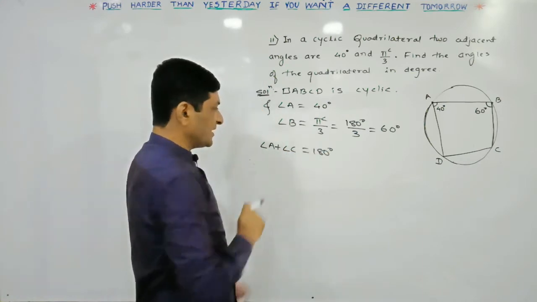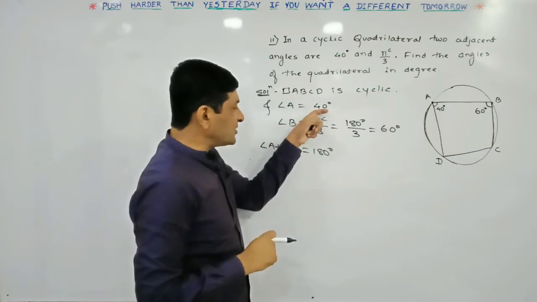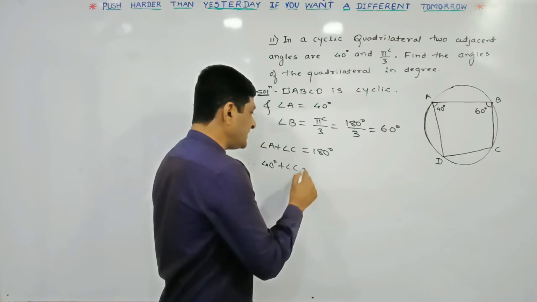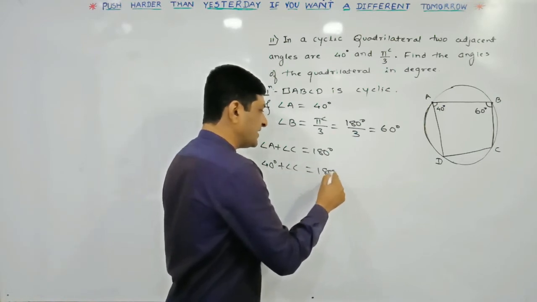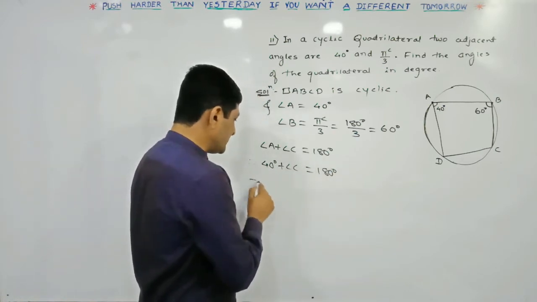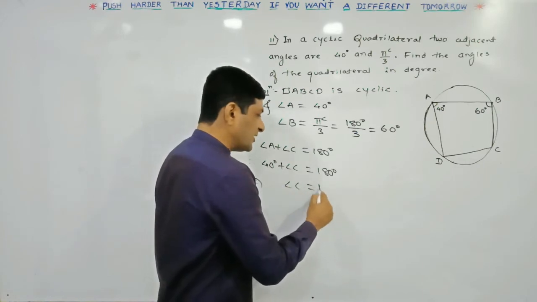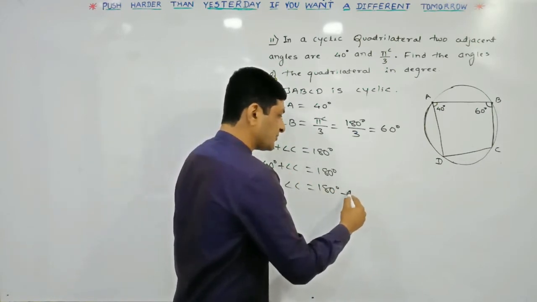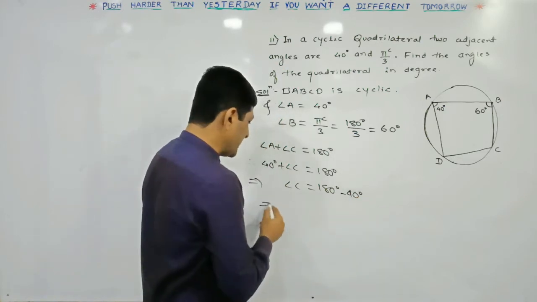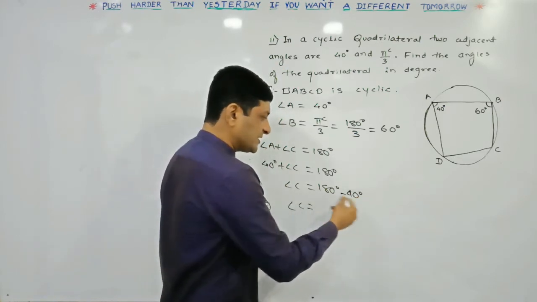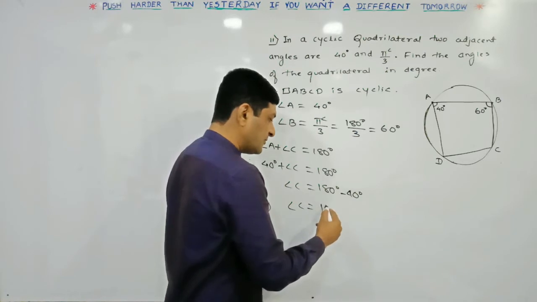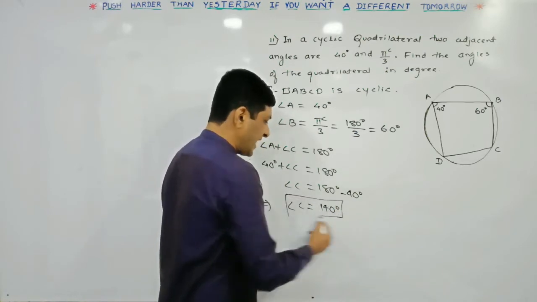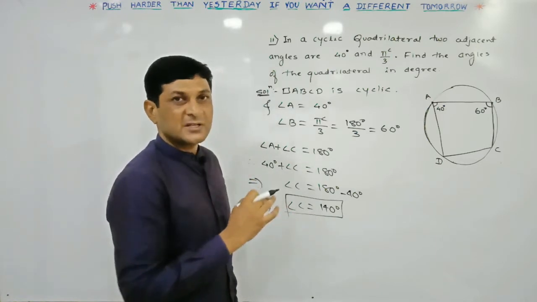Replacing angle A by its value, 40 degrees plus angle C equals 180 degrees. So angle C is equal to 180 degrees minus 40 degrees, which is 140 degrees. In this way we have got angle C of this quadrilateral.